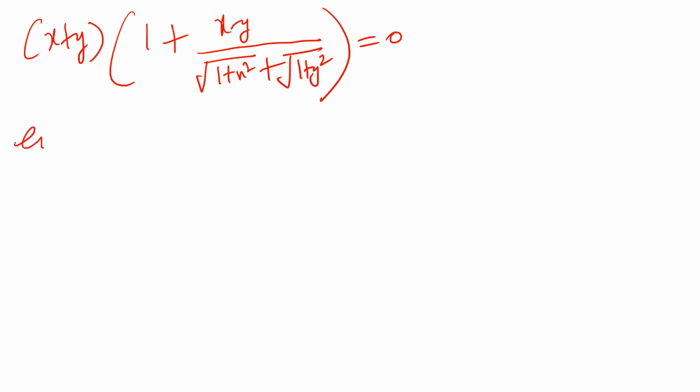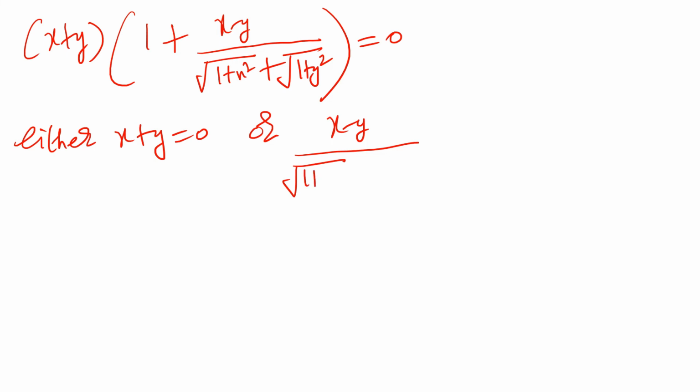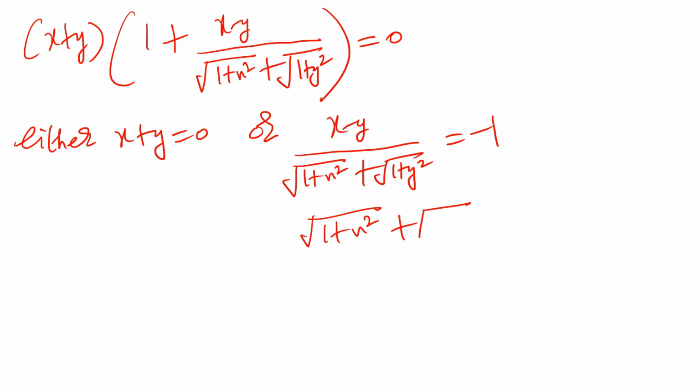Now from this equation we conclude either x plus y is equal to 0 or x minus y upon square root of 1 plus x square plus square root of 1 plus y square is equal to minus 1. So that means from here we'll be getting square root of 1 plus x square plus square root of 1 plus y square equal to y minus x. Fine. So this is our equation number 2.